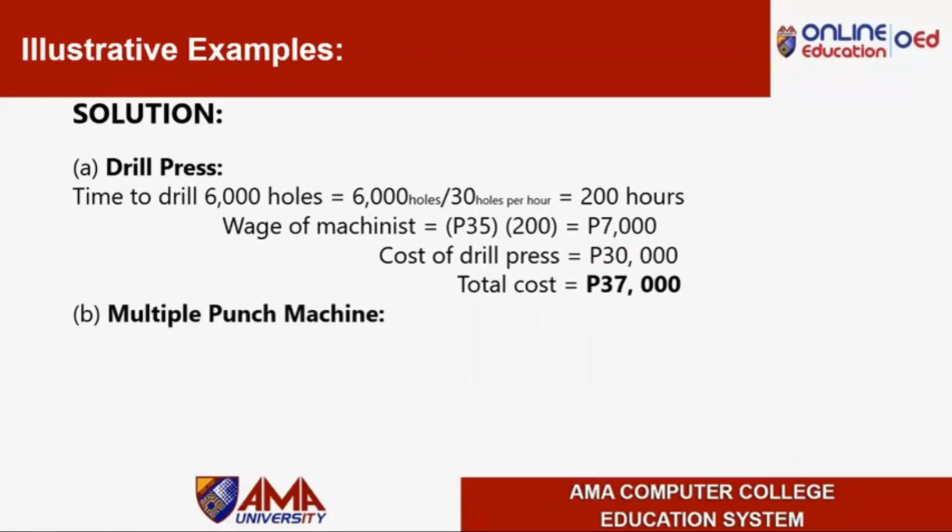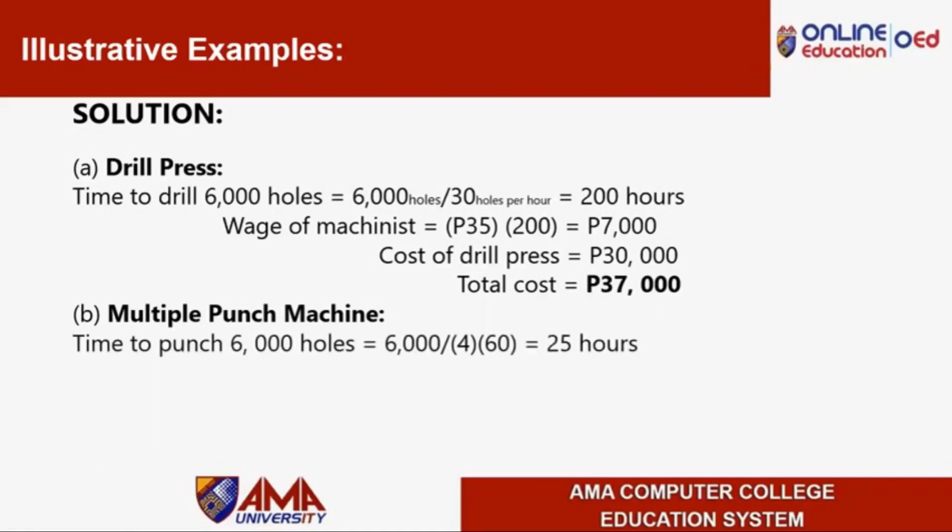Now for the multiple punch machine. The time to punch 6,000 holes: the requirement is 6,000 holes, and the machinist can do 4 holes per minute. Since we'll be counting the hours, we multiply 4 holes per minute by 60 minutes to convert this to 1 hour.